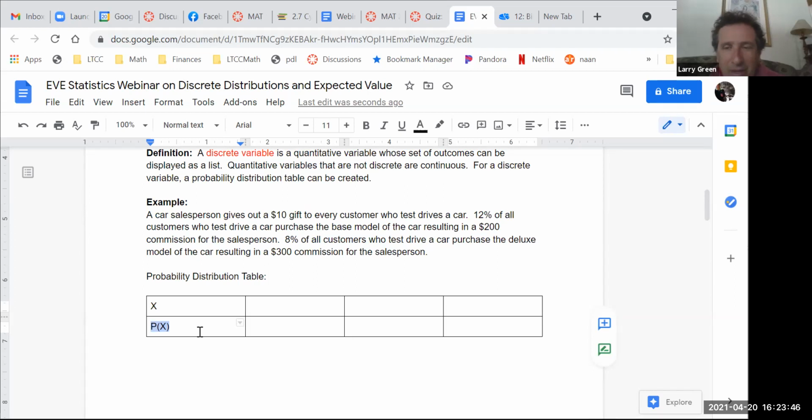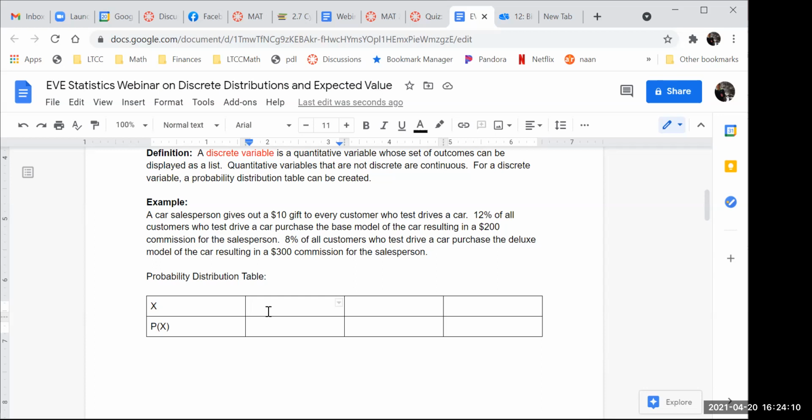Yeah, exactly. The 3 things that can happen are, in the order it's written, buy standard, buy deluxe, or buy nothing. So what is the profit if a customer comes in and ends up buying a standard model? $200.